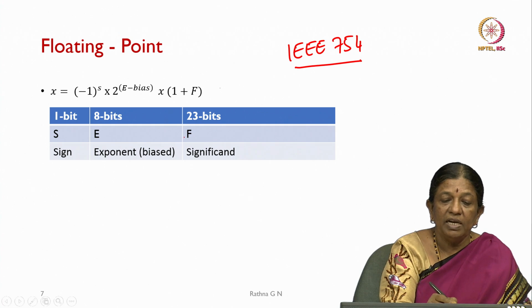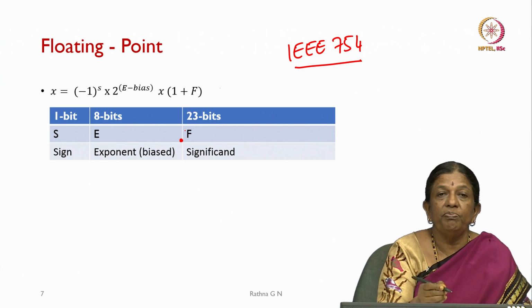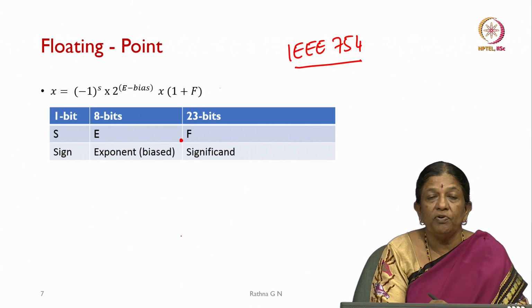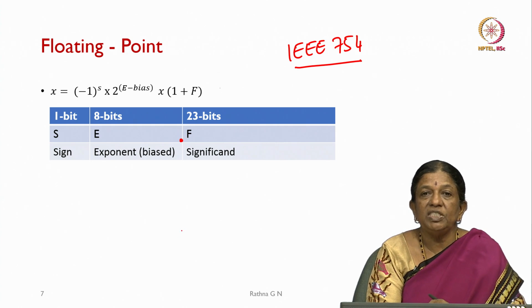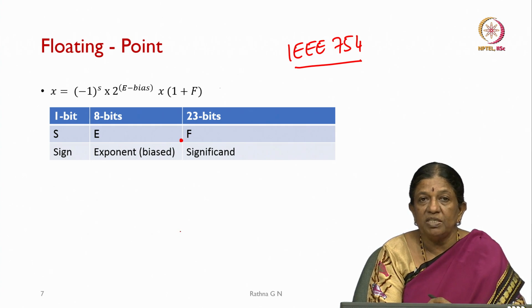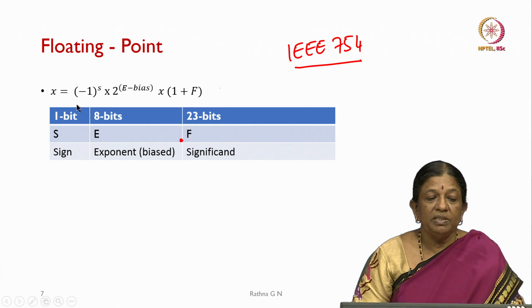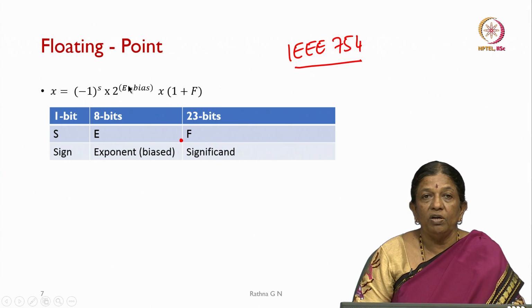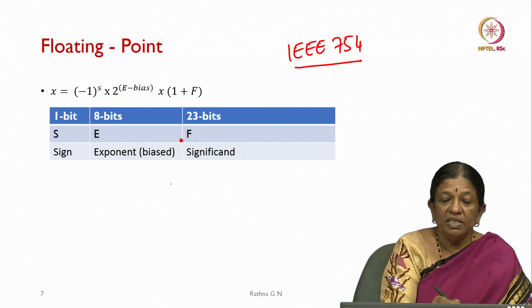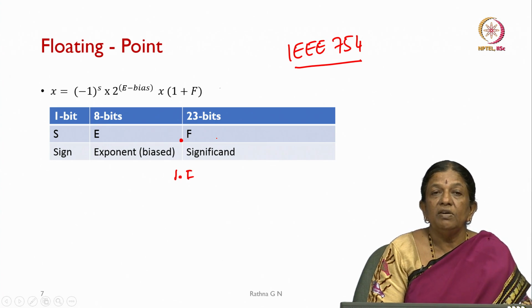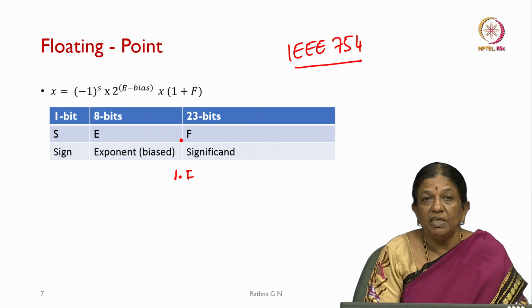There is a binary point here for our fractional representation, which does not require any bits. And the representation is minus 1 to the power of s, into 2 to the power of exponent minus bias, into 1 plus the fraction, because we assume that there is a 1 before the point, and then the 23 bits represent the fractional part.